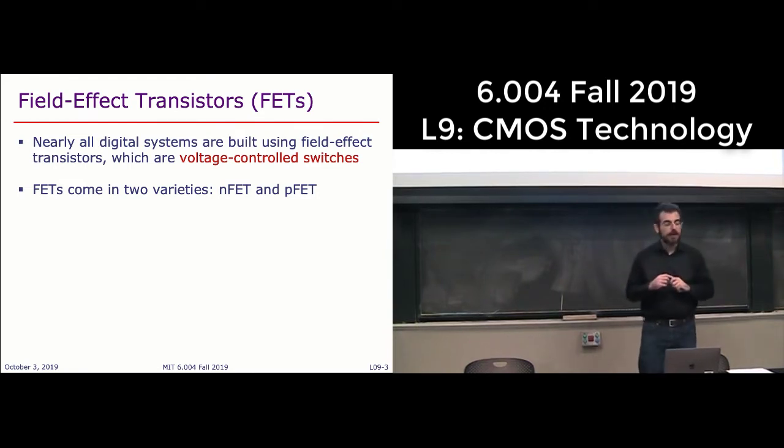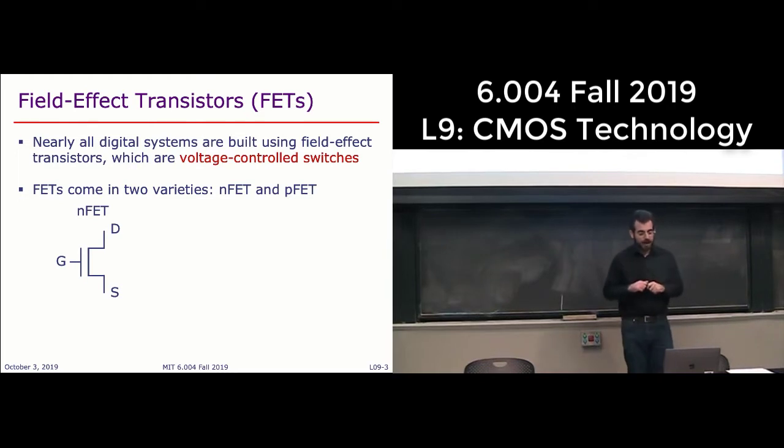We call them N-FET and P-FET. Let's look at the N-FET transistor first. This is the circuit diagram for it. And as I mentioned, there are 3 terminals here. There are what we call the source, the drain, and the gate.